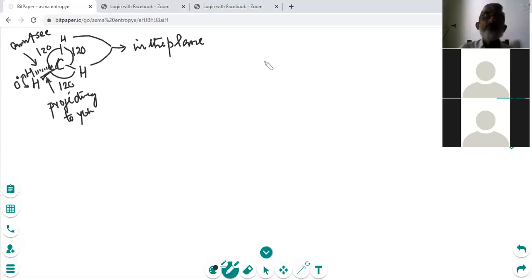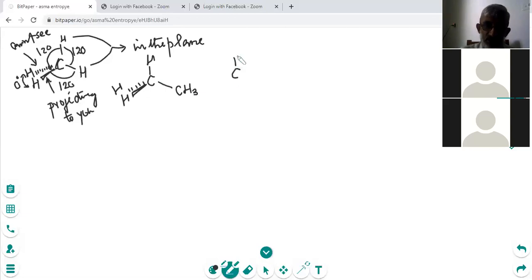Now let me convert this into an ethane molecule. Try to draw this conversion of CH4 into ethane. You just put a CH3 here. Replace one of the hydrogens with a CH3 and then expand the CH3.